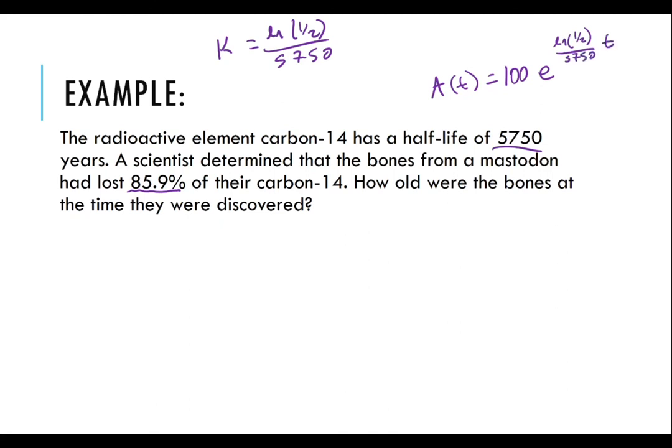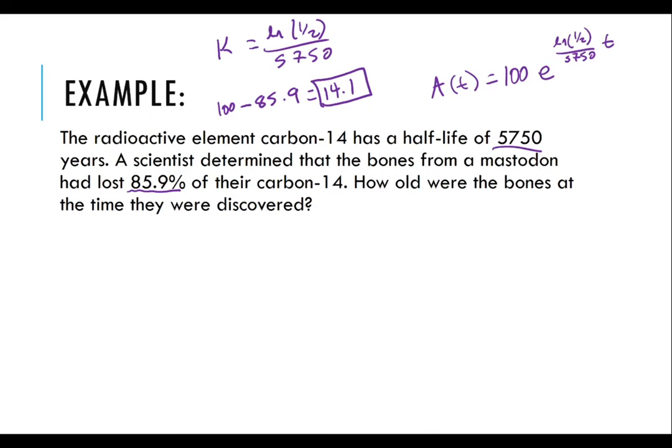Then since the amount that was lost was 85.9%, the question becomes how much was there? Well, if they lost 85.9, 100 minus 85.9 is 14.1% remaining. So notice that I decided to think of 100% as the total initial amount. They lost 85.9% of their carbon-14, which means that they have 14.1% left.